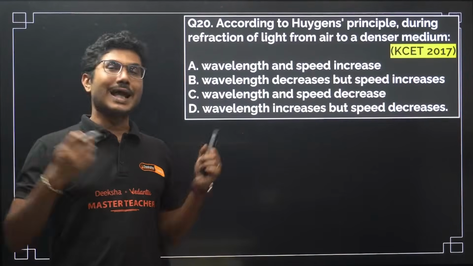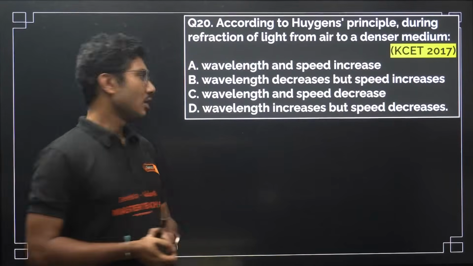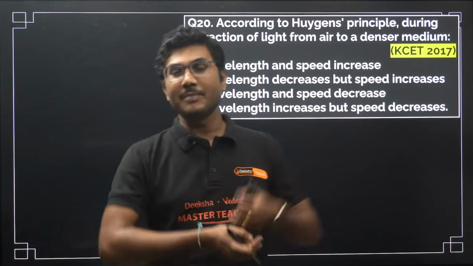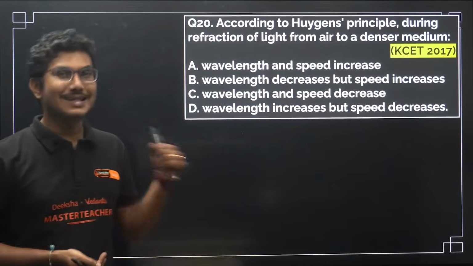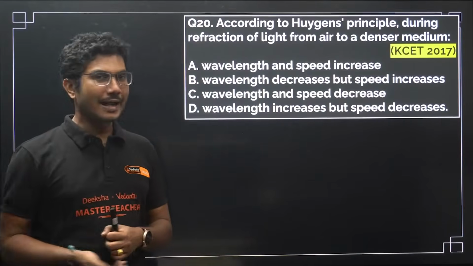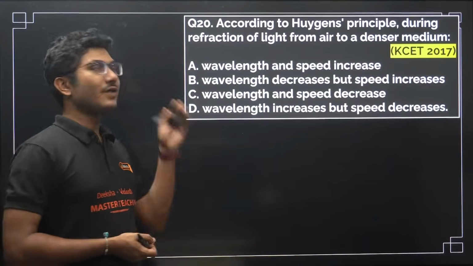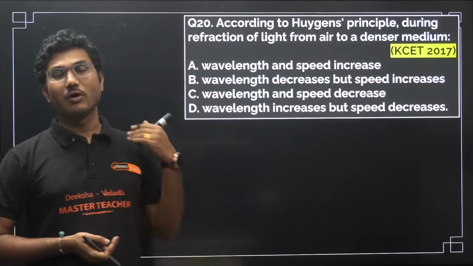And we know that when light enters from a rarer to a denser medium, its speed decreases, as the speed of light is maximum in vacuum, and in any other medium the speed of light is less than that value. Speed of light cannot increase, it is a cosmological constant. So whenever light enters a denser medium, its speed will always decrease.